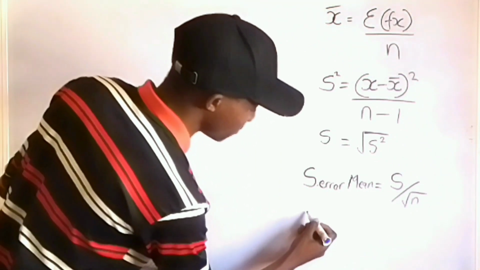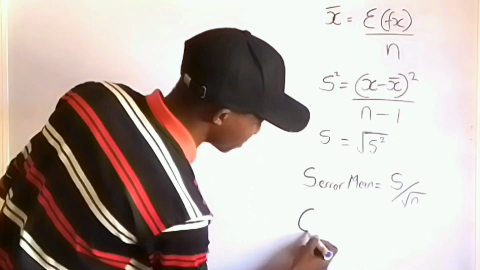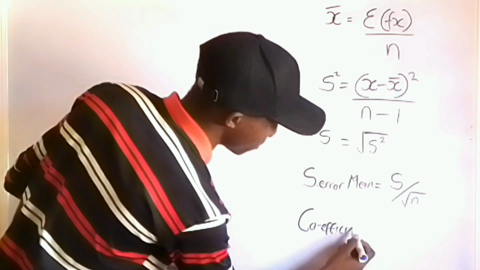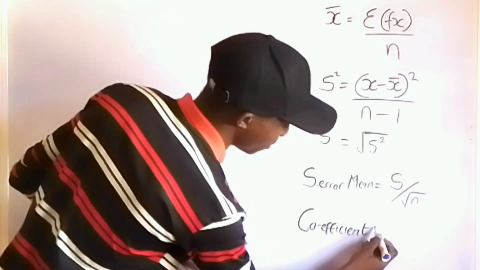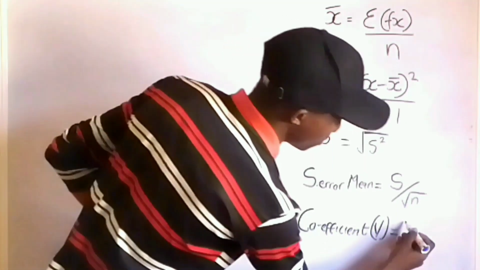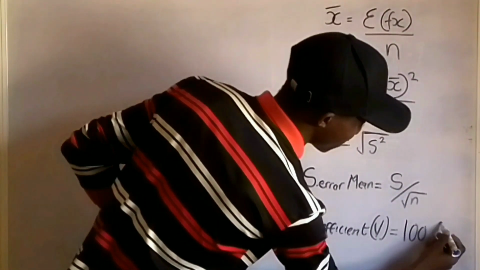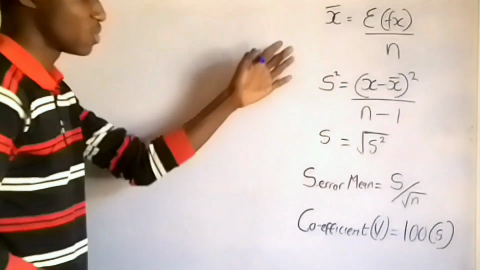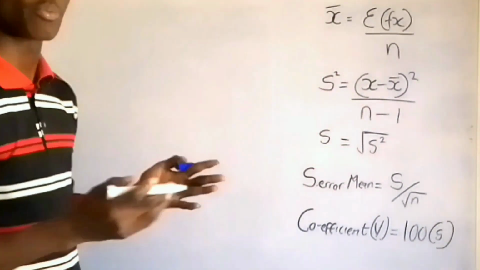The coefficient of variation is equal to 100 multiplied by the standard deviation over the mean. So therefore, after knowing all these formulas, you can proceed to compute your table.